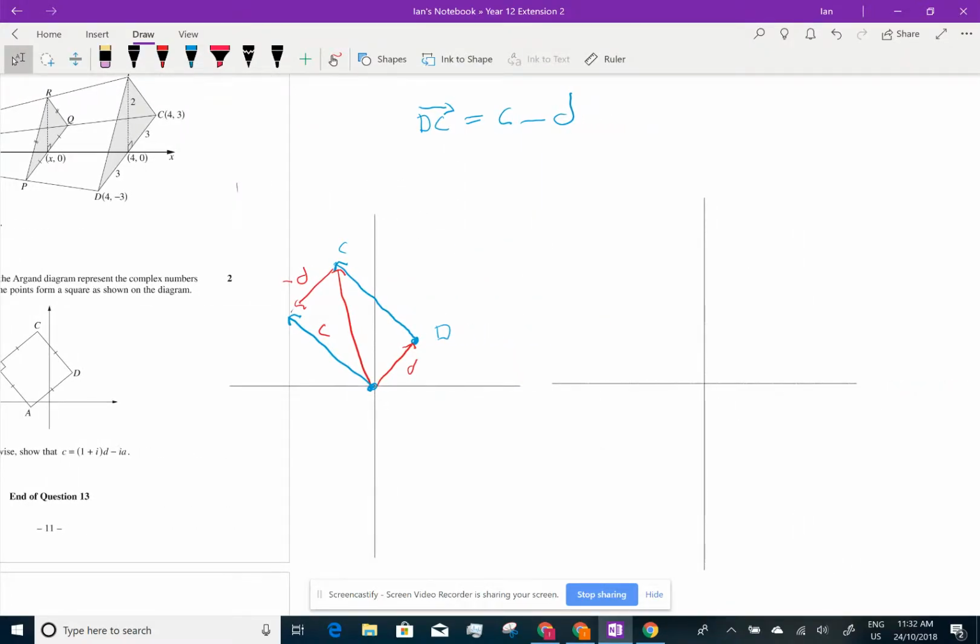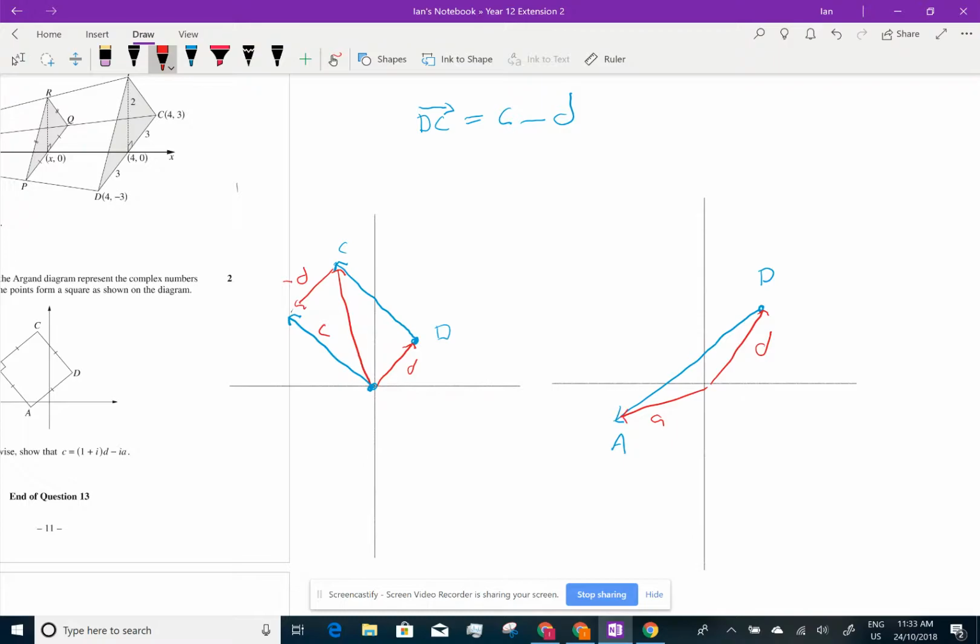Let's have a look at AD now, or DA. So let's take it as DA, that vector. How do I get there? There's a complex number D, and here's the complex number A. Now, I want to get back.